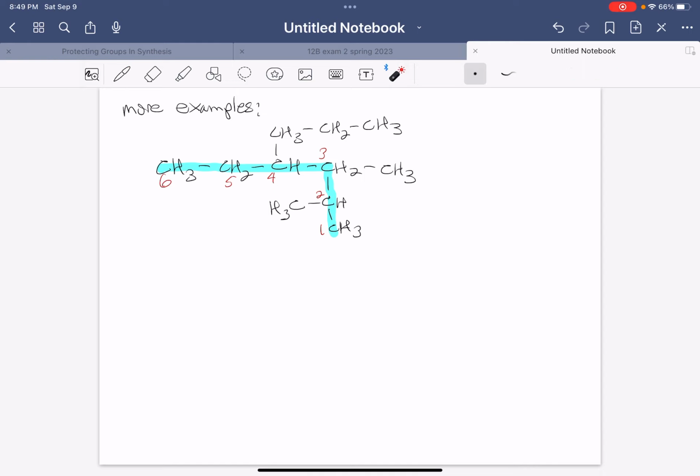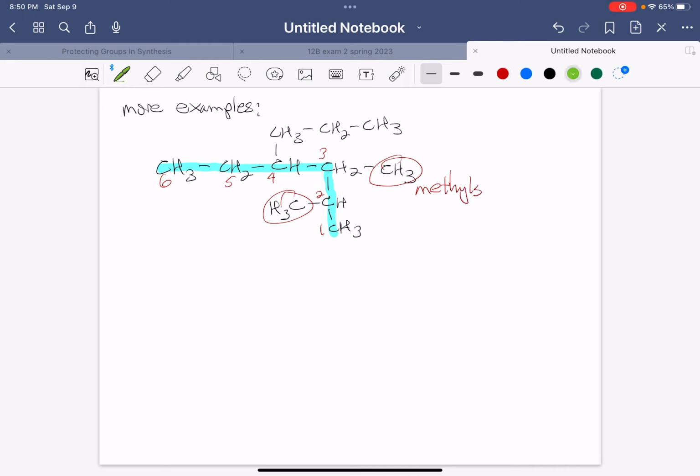Now why did I start down at this bottom carbon here instead of on the left like I've been starting? Well, this bottom carbon is closer to a substituent, and this carbon's a little further away. So now let me circle some groups here. Okay, those are a couple of methyls.